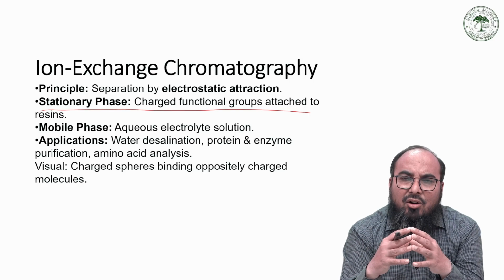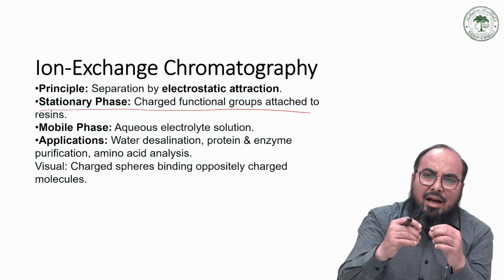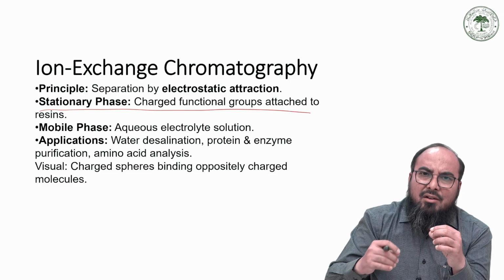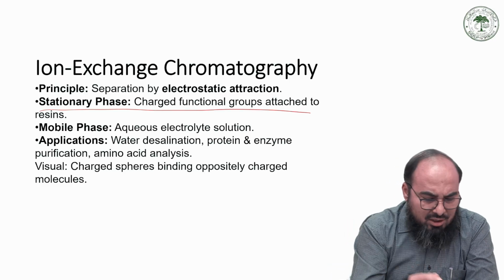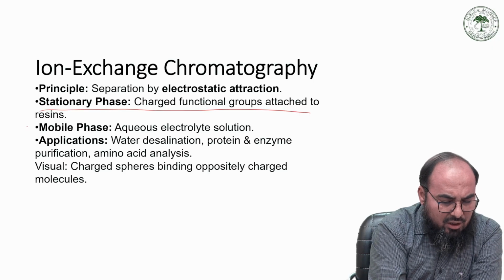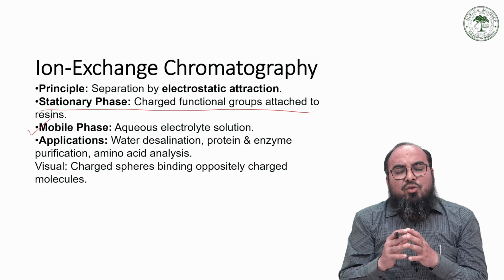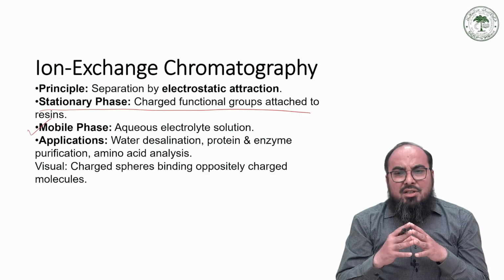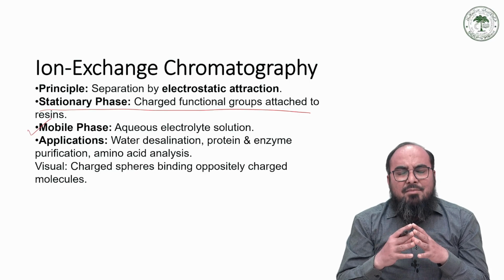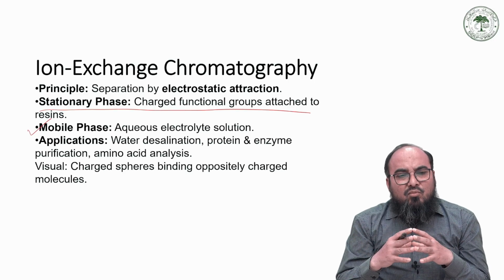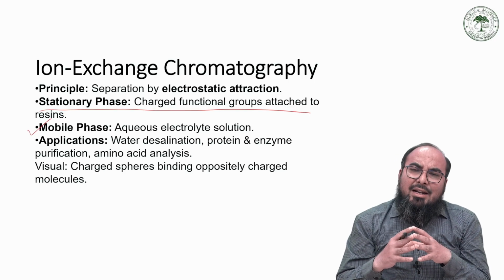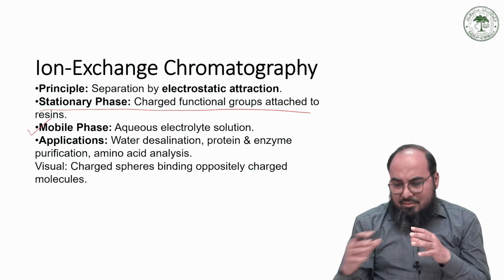On the basis of the attraction, certain ions pass quickly while certain ones are retained, and after some time they also pass. This type of chromatography is very useful for separation of amino acids, enzymes, and also for water desalination. Here we use aqueous electrolytes as the mobile phase.